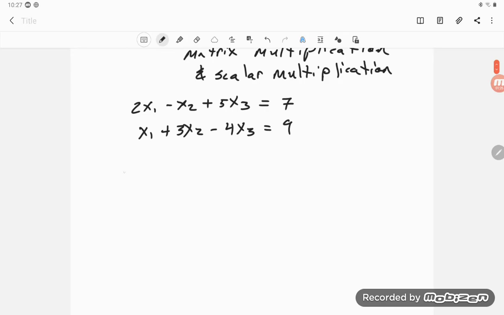Let me write out just the coefficients here. So we've got 2, -1, 5, and 1, 3, and -4.